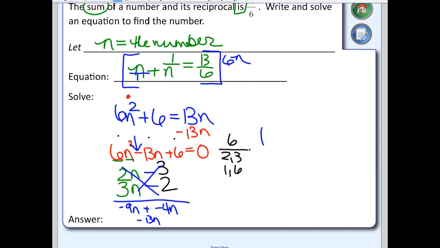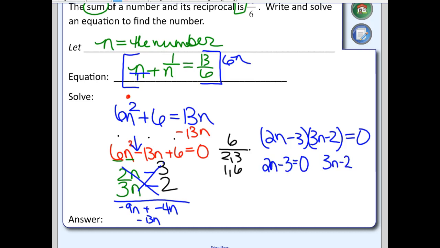Okay, so that means we have 2n minus 3, 3n minus 2 equals 0. Okay, if the whole thing equals 0, each part equals 0. So here we go. That means we've got 2n minus 3 equals 0, and 3n minus 2 equals 0.